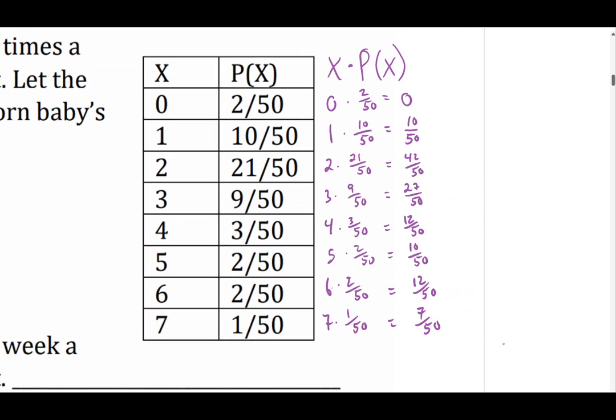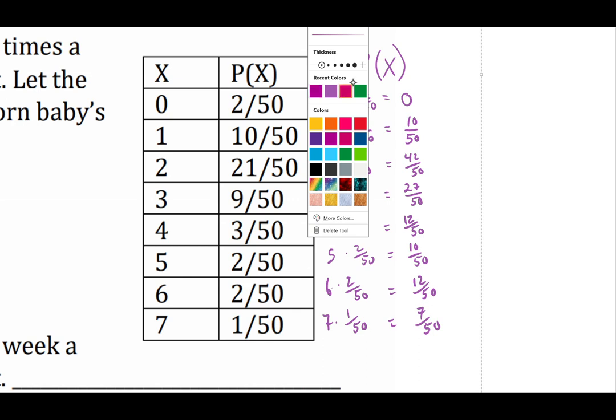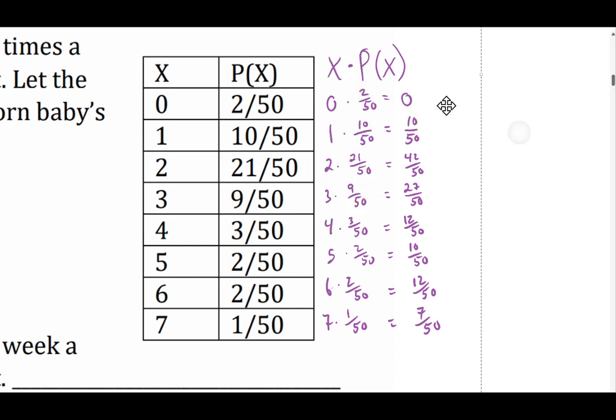Now, since all of these fractions have a common denominator, all we need to do is add up the numerators. So we have 0 plus 10 plus 42 plus 27 plus 12 plus 10 plus 7. That's not going to be very easy to add in my head.